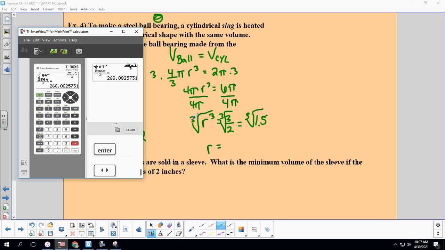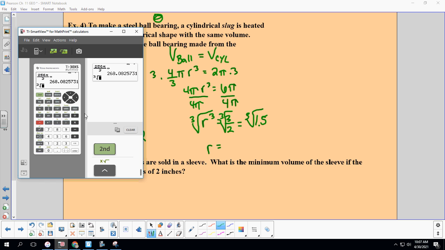So my calculator wants me to type in my root. So if you look, if I hit the second button and then this root, I can do whatever root I want. I can do 4th root, 5th root. In the volume case, I'm going to be doing 3rd root. So then it's second, hit the root. Oh, yeah.